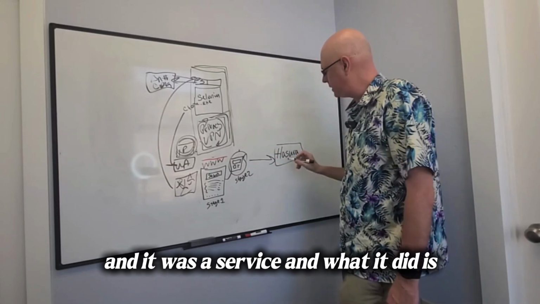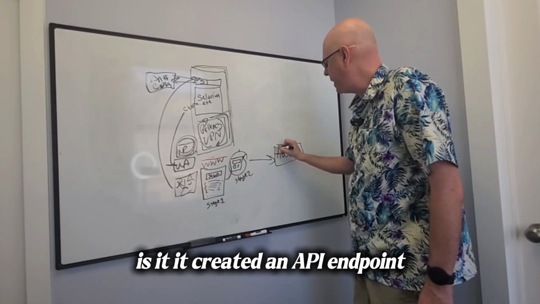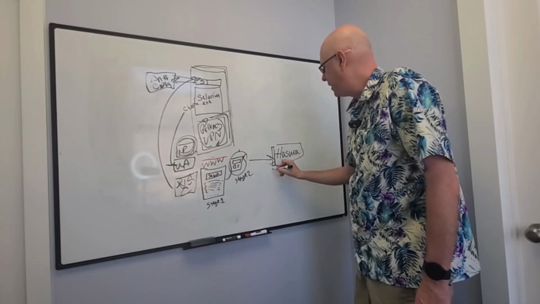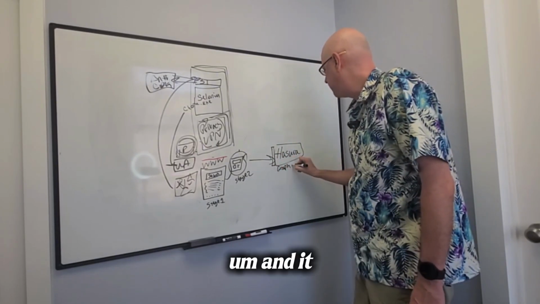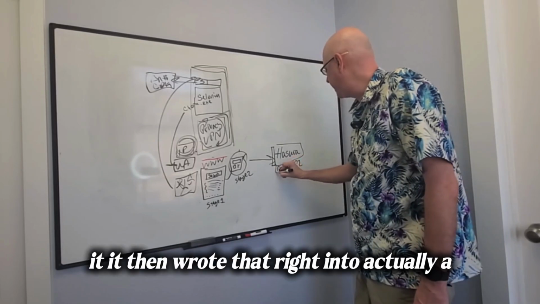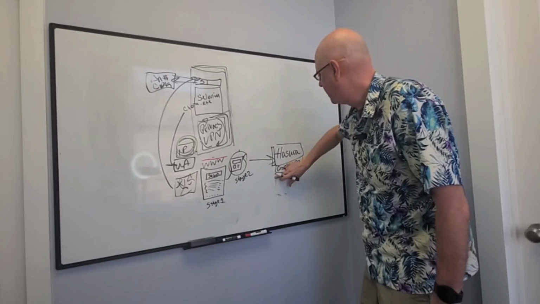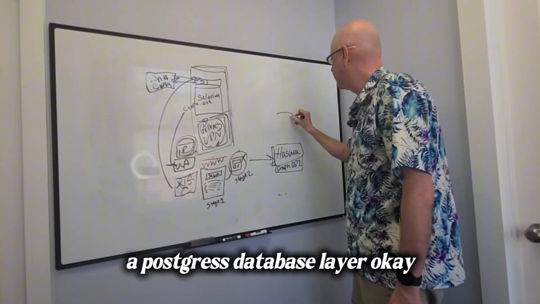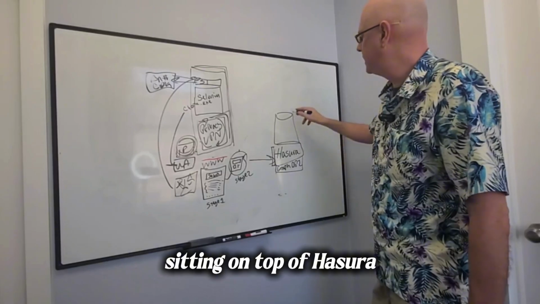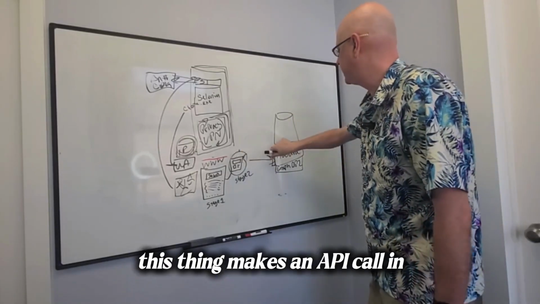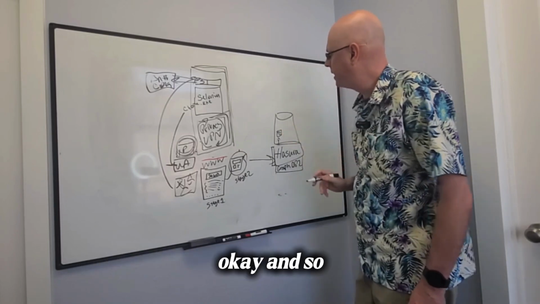It was a service that created an API endpoint, a GraphQL API endpoint, and it then wrote that right into a Postgres database layer. So I have this Postgres database sitting on top of Hasura. This thing makes an API call in, and the data gets dumped to the right table.